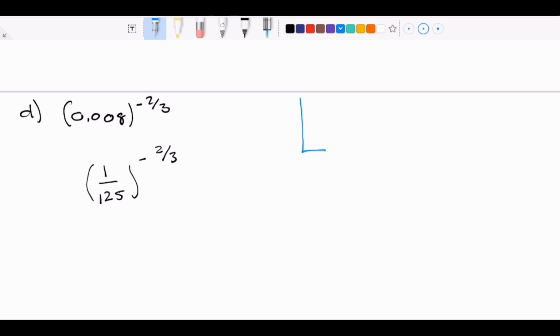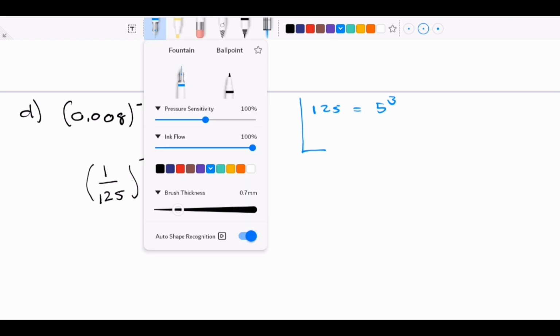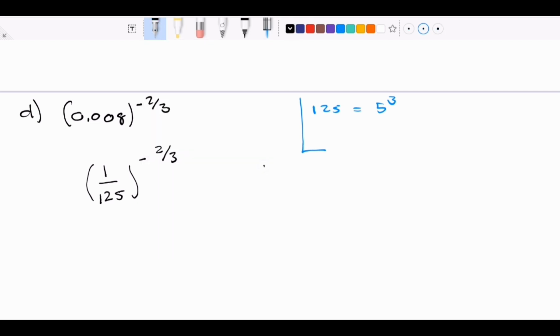It's always the big number that you can turn into a simple thing and try to cancel something in the exponent. Okay, so I know I can turn 125 into 5 to the power 3. Okay, so if I do that, then I would get, sorry, I keep forgetting my equal signs, 1 over 5 to the power of 3, all that raised to the power negative 2 over 3.